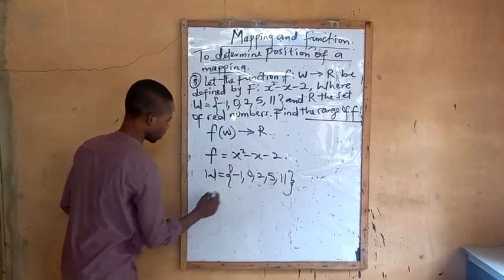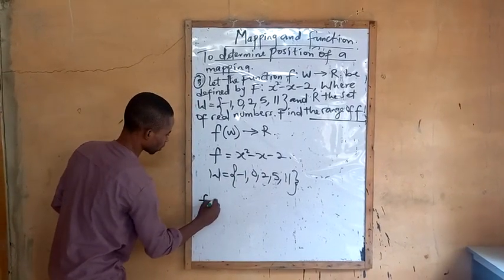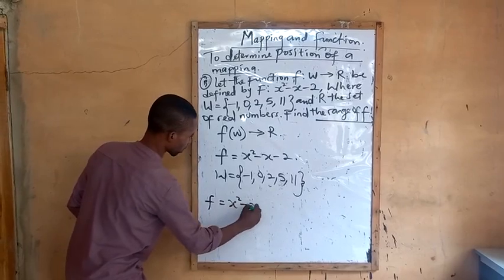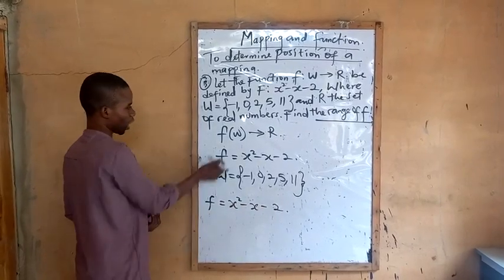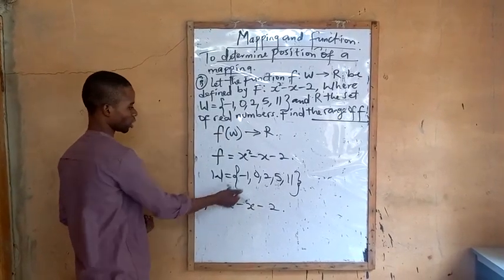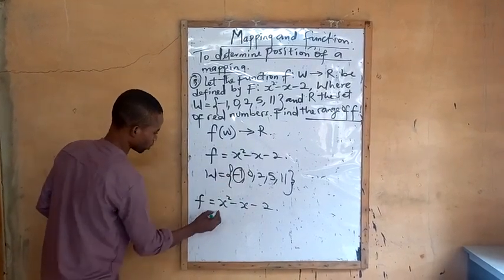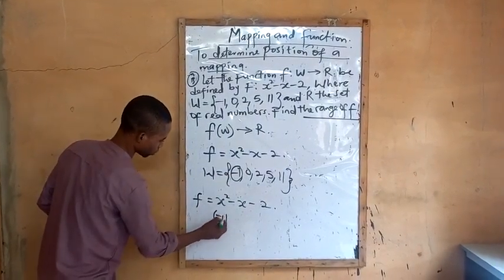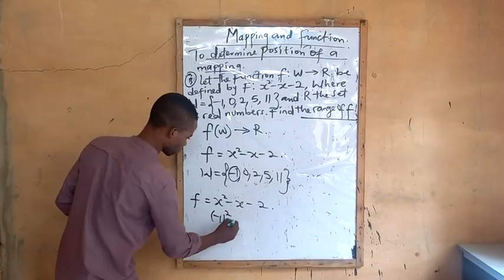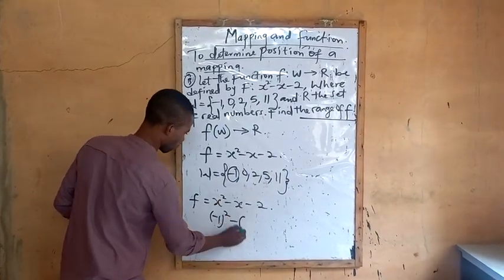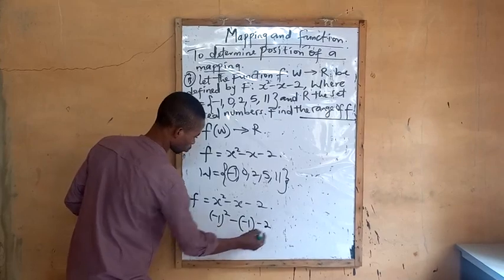Our f is x squared minus x minus 2. So I substitute w inside f, and the first w is minus 1. That means minus 1 squared minus open bracket minus 1 minus 2.